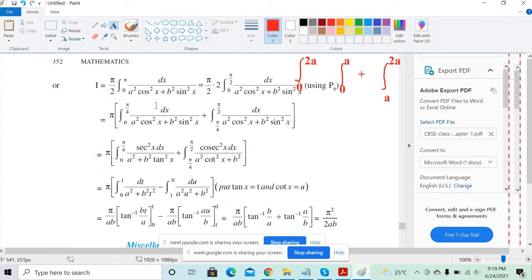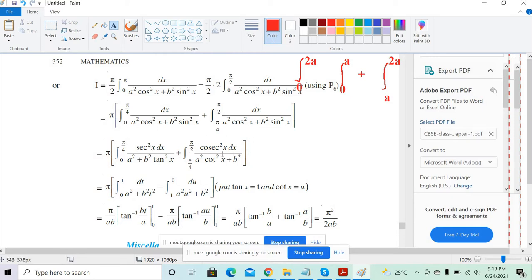Now what you are doing, you are dividing cos square x in the numerator and the denominator. So this becomes secant square x over a square plus b square tan square x, and this becomes cosec square x. Here you divide with sin square x, so cosec square x divided by a square cot square x plus b square. Correct? So you integrate this separately and this separately.